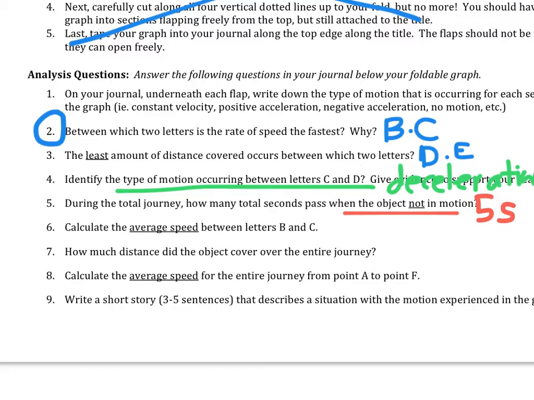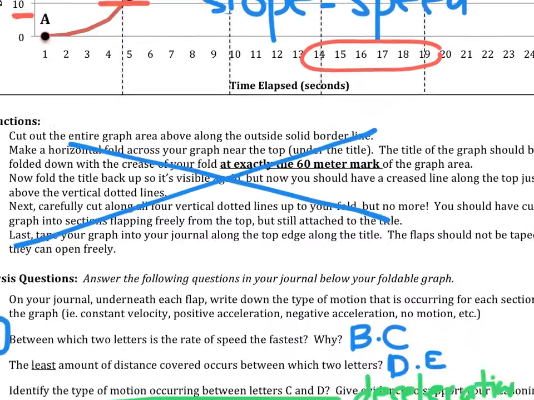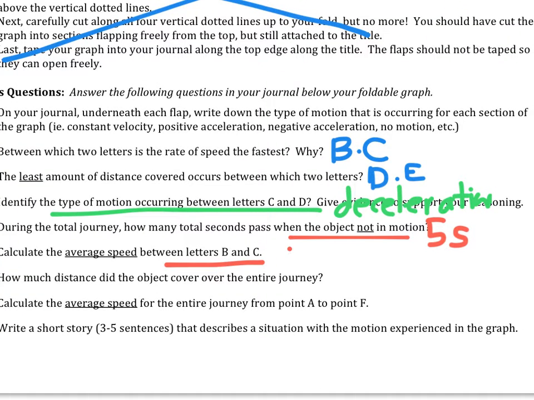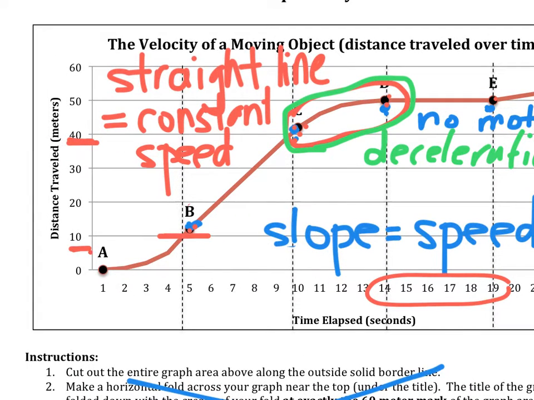Number 6, calculate the average speed between B and C. Average speed is the total distance divided by the total amount of time, and we can do that by finding the slope. Between B and C, the person went from 10 to 40 meters.